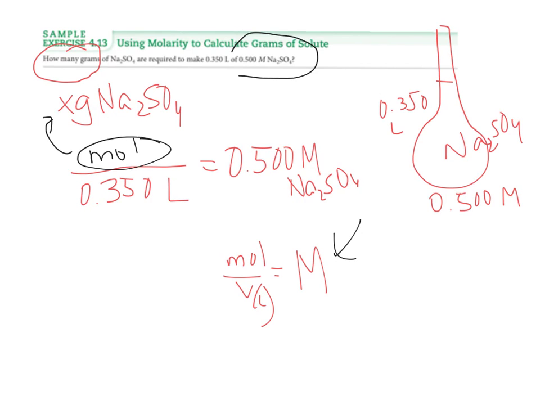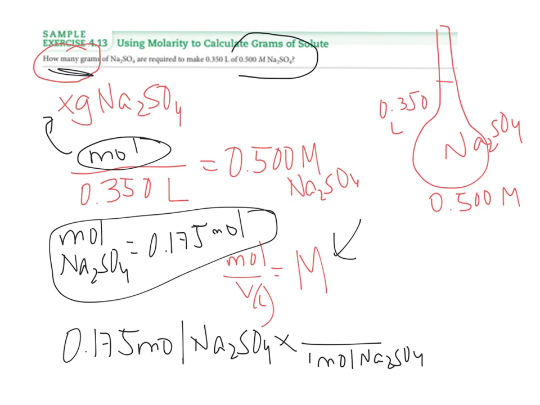So let's solve now for this moles, which is pretty easy. We're going to multiply both sides by 0.350, and we end up with moles. And our molar mass of sodium sulfate is 142.1 grams.